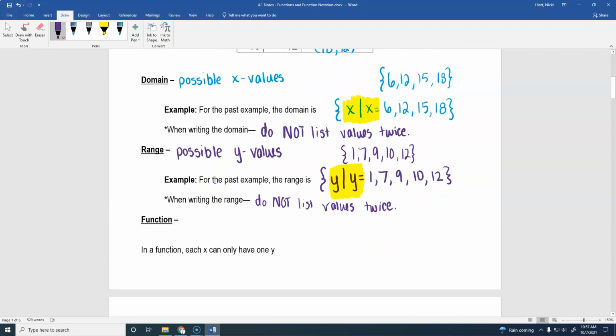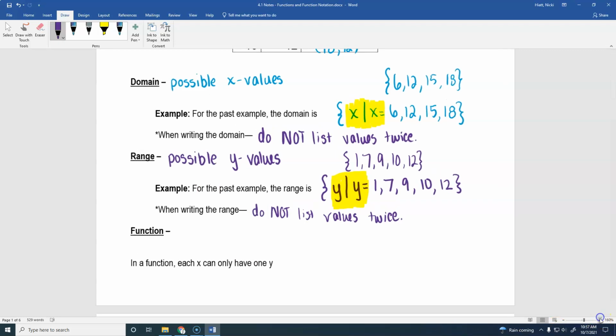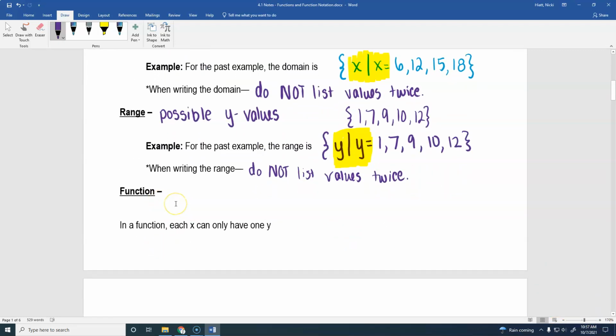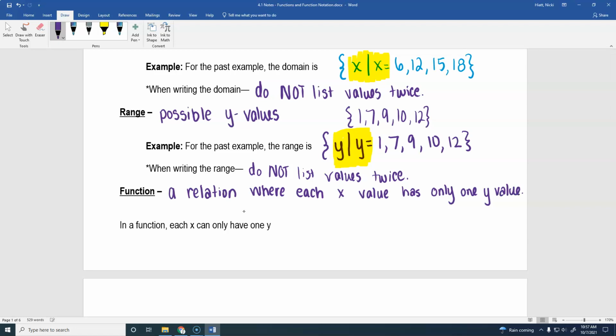So a function, which we see down here, is going to be a relation where each x value has only one y value. And we'll talk about what that looks like here in a second.